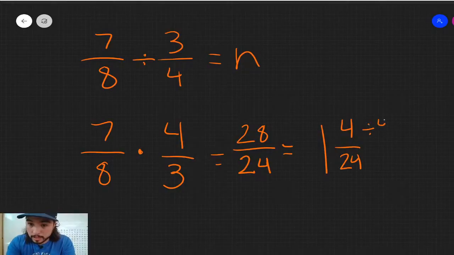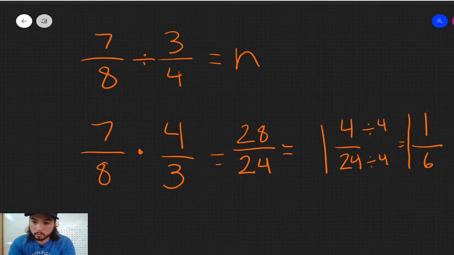So I can use an equivalent of 1 there. 4 divided by 4 is 1. And 24 divided by 4 is 6. So it equals 1 and 1/6 as our final answer.